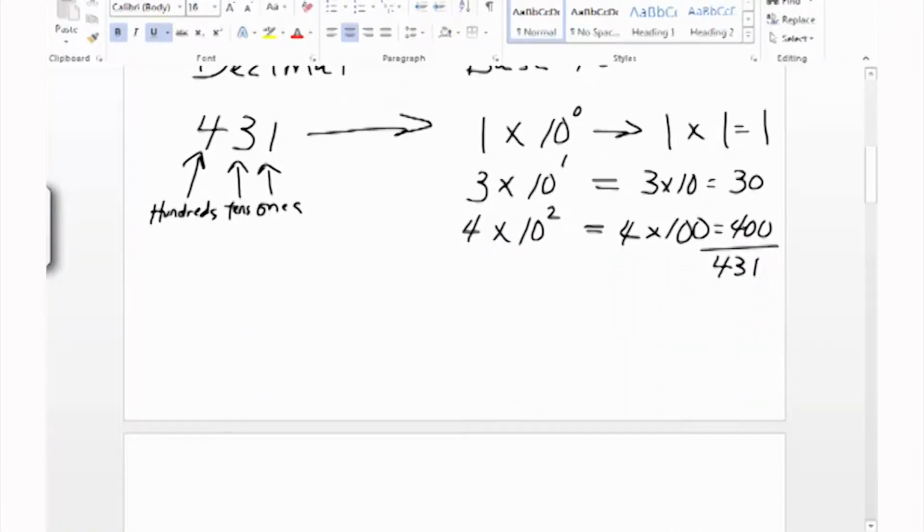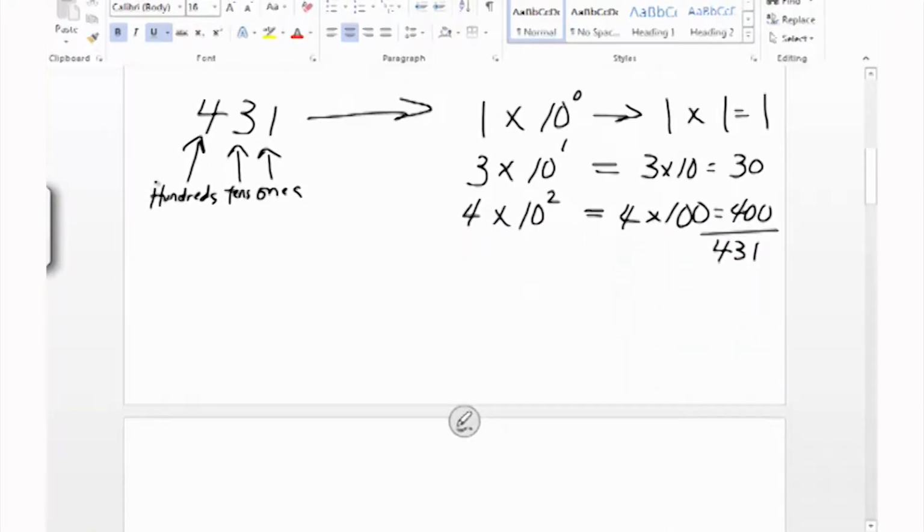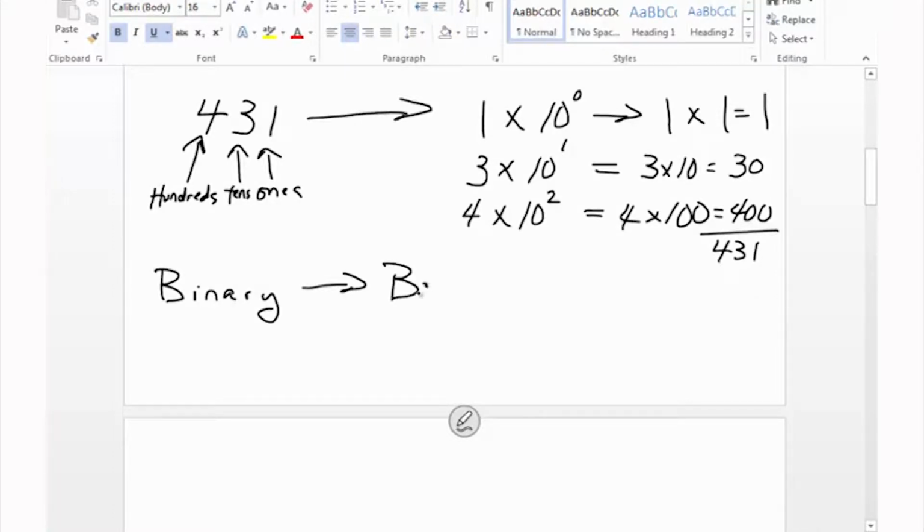So the binary numbering system, binary, is a base 2 system. And so in this particular numbering system, we represent all quantities with the value 0 or 1. We've got those two values that we use.